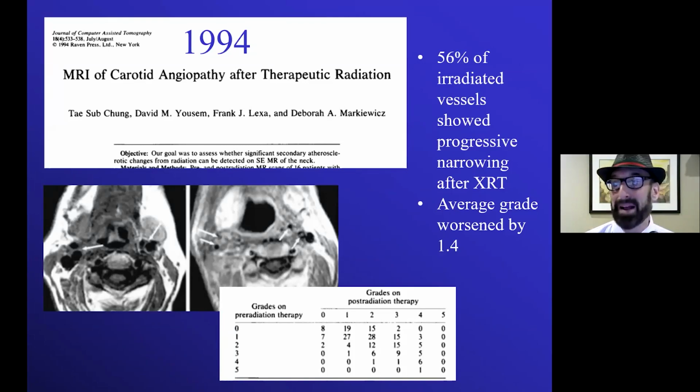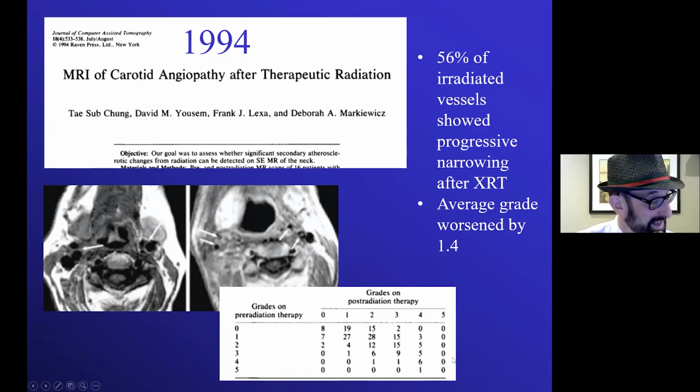Normally, we wouldn't expect that much of a difference in the degree of narrowing over the course of, say, 6 months in adult patients. However, when we looked at the pre-radiation and the 6-month post-radiation scan, what we found was, here we have a patient who pre-radiation, the grade of narrowing was 0. Post-radiation, you can see that it got into the mild and moderate and severe forms.